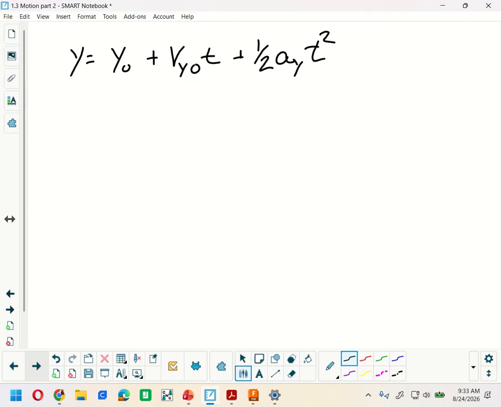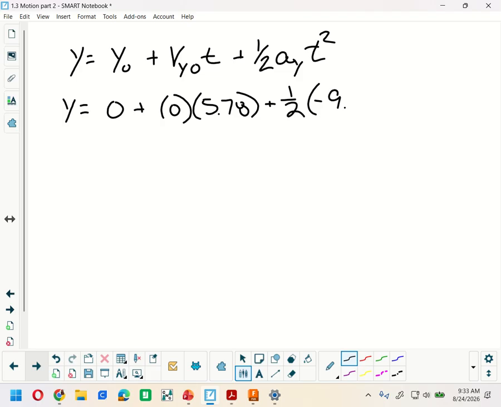So I'm going to have y equals my initial y was 0 plus my initial velocity was 0 times 5.78 plus 1/2 acceleration negative 9.8 times time 5.78 squared.